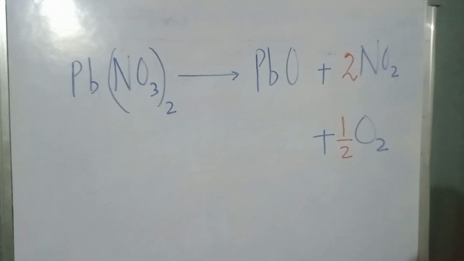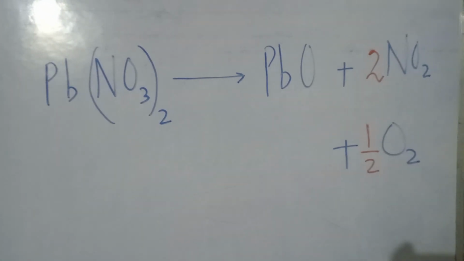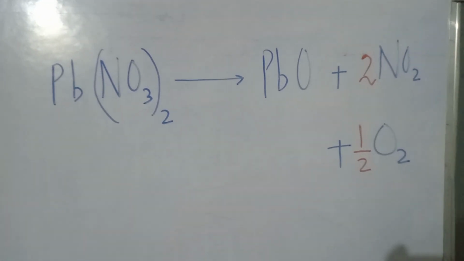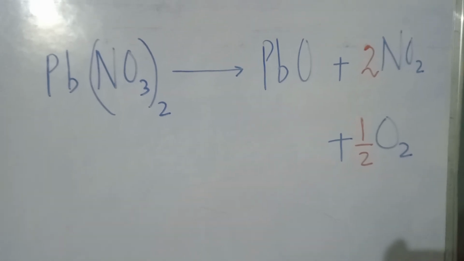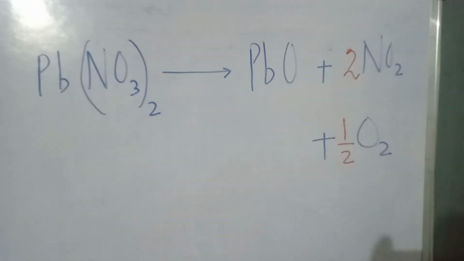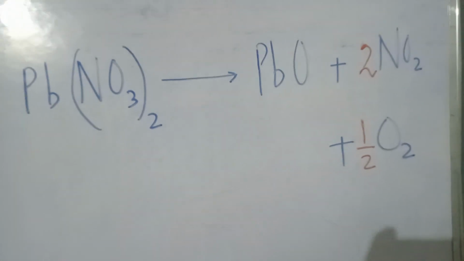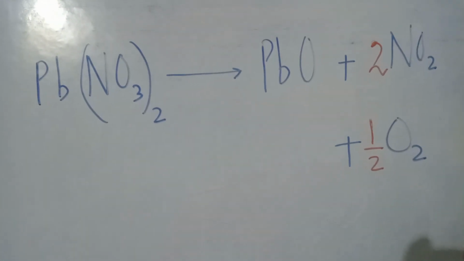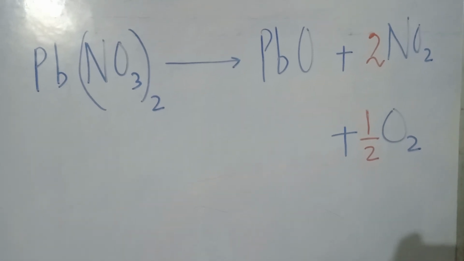Now after multiplication of half to the oxygen molecule, the equation is balanced, but half oxygen does not exist, hence the entire equation will be multiplied by 2. Means in the reactant side we will multiply by 2, and in the product side also we will multiply by 2.